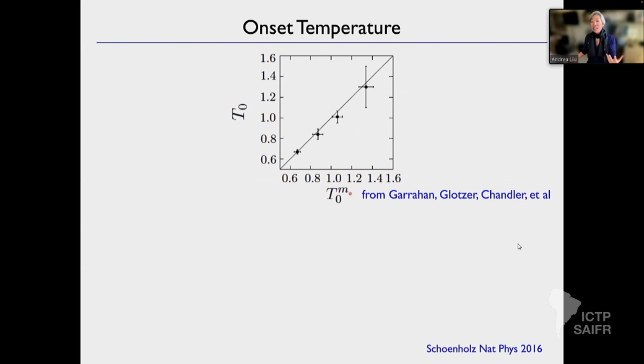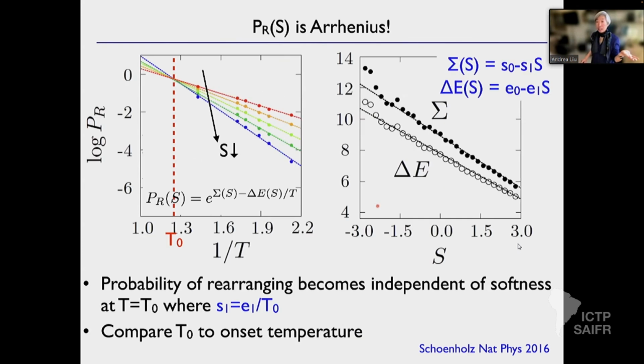That's how they define it in the traditional way, and this is our measurement of it, and they're the same. This is for Lennard-Jones systems at 4 different densities, and they're right on top of each other. So this is truly the onset temperature that people talk about in the literature.